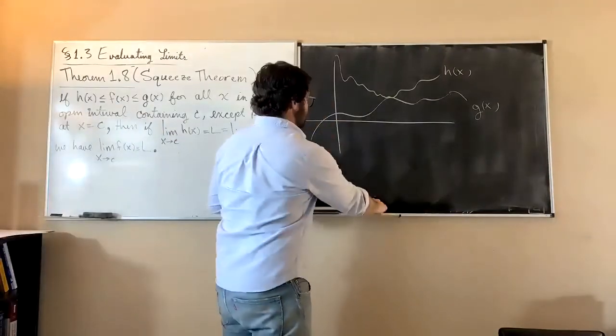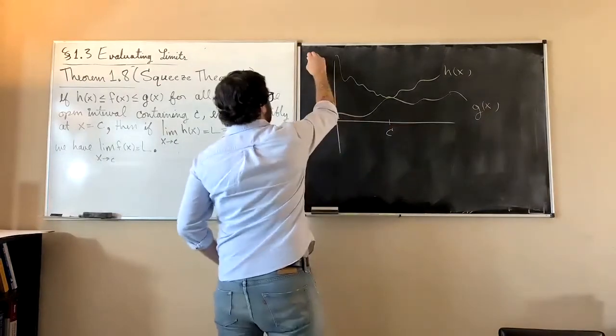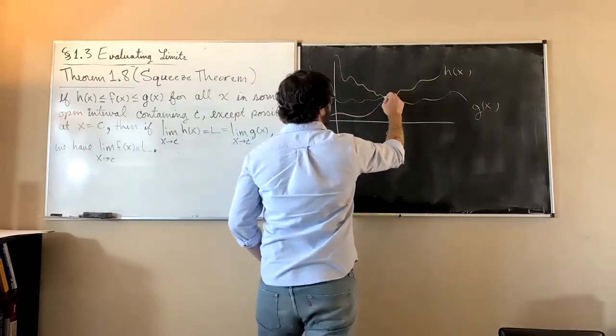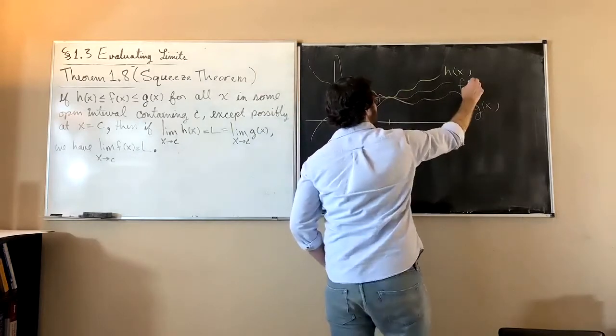So if that's h and that's g, say this is c. So f is like in here. So this is f of x.